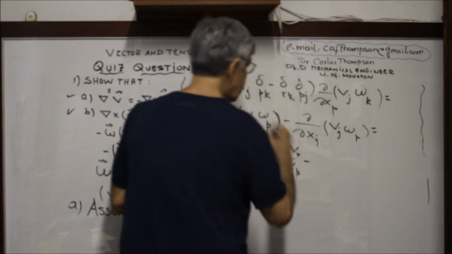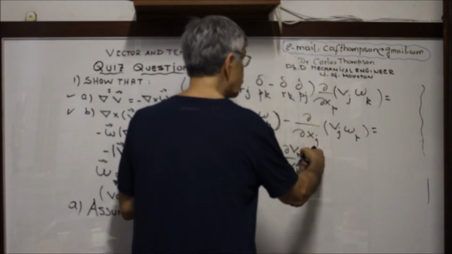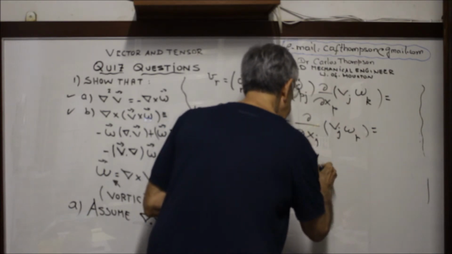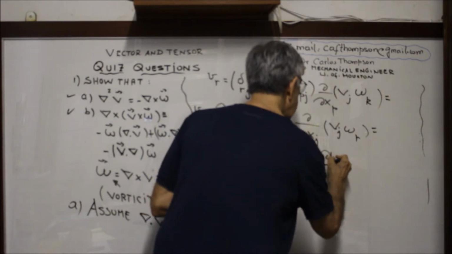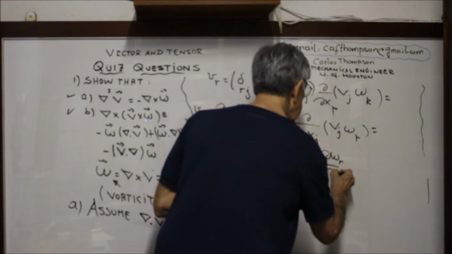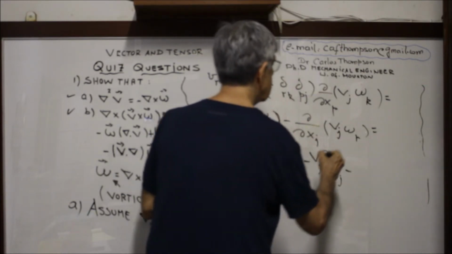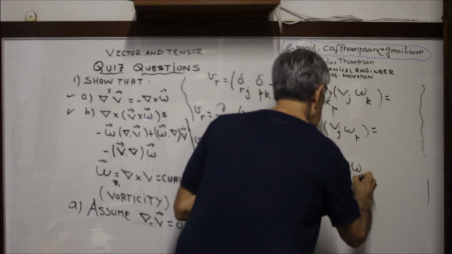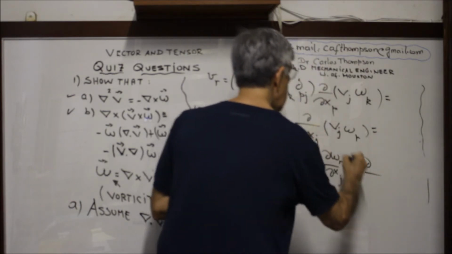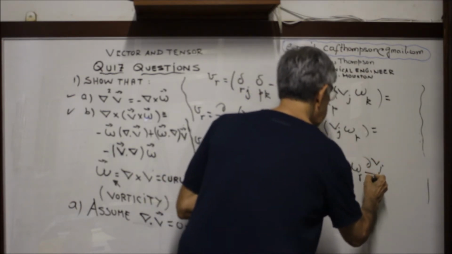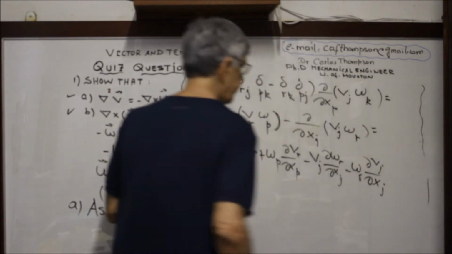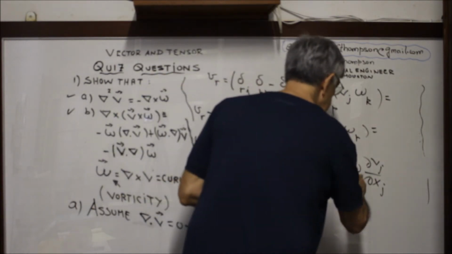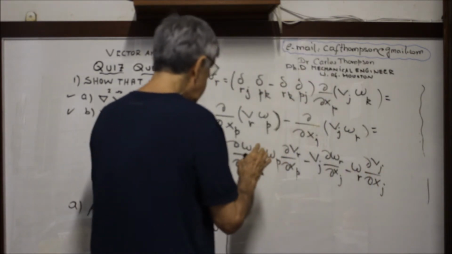Now minus, now this is partial respect to xj, so this will be Vj partial of omega r respect to xj, minus now omega r partial of Vj with respect to xj. This is omega r, you see?